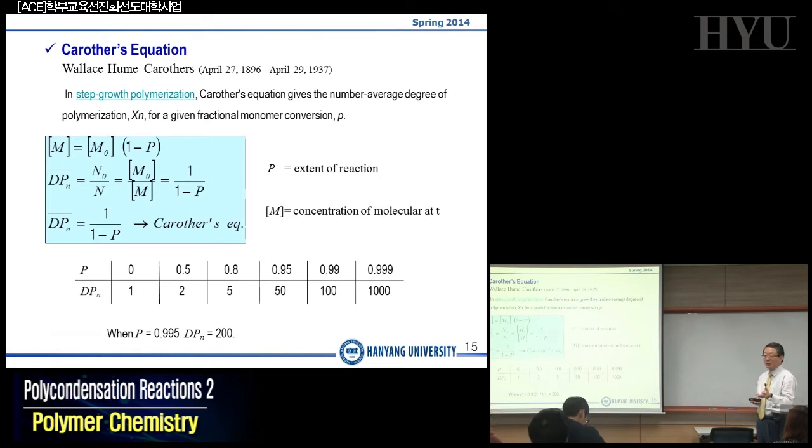What about 1 minus P? 1 minus P means the monomer that was not reacted at all. 1 minus P means your probability of finding your monomer that was left. So 1 minus P means the monomer that was left in your reaction system. P is defined as the monomer that was reacted, right? So P and 1 minus P are related with the monomer you can find in your polymeric systems.